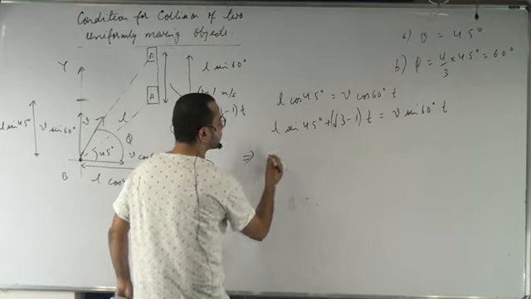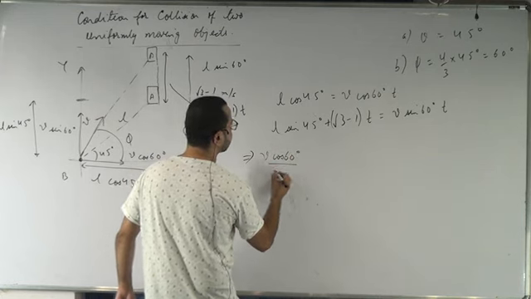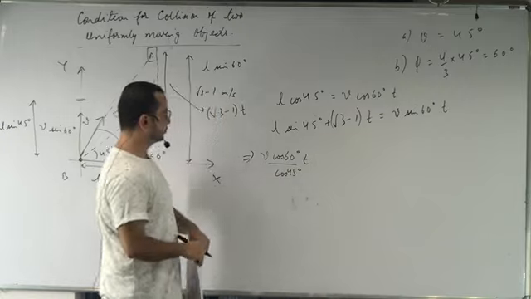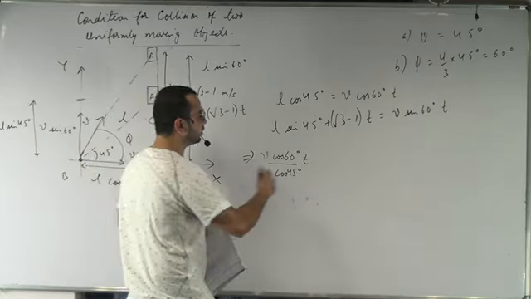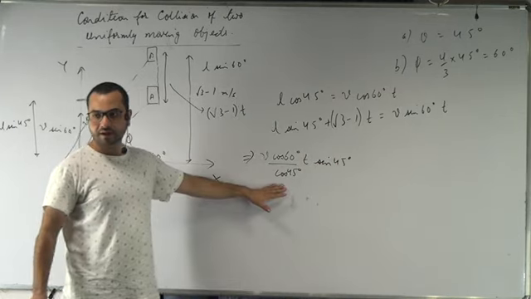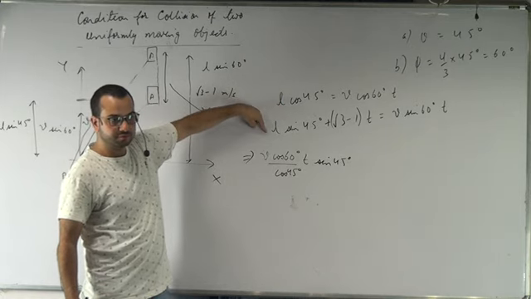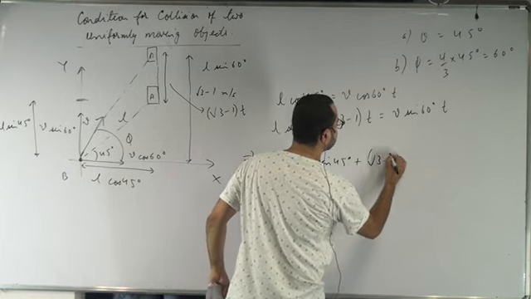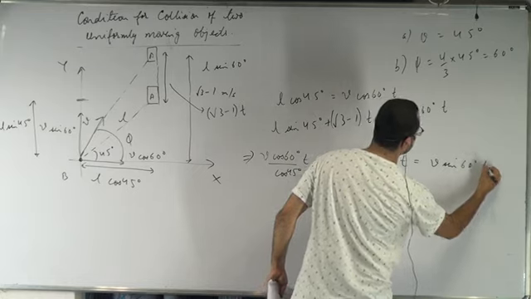So L ki jagah we are substituting V cos 60 degree divided by cos 45 degree multiplied by T. We are substituting it for L yahan pe. And then kya hoga? Then we'll have sin 45 degree. Is that correct? From this equation L यहाँ पे डाल दिया. Alright. Plus root 3 minus 1 into t is equal to V sin 60 degree into t.